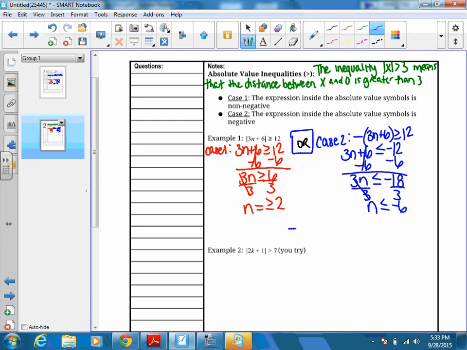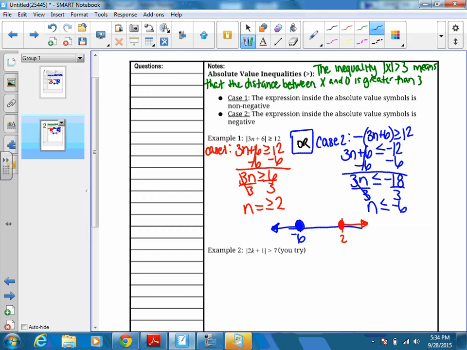So this time, let's graph that. I have n is greater than or equal to 2, so over here is 2, closed circle, pointing to the right. And then on the left, I have -6, still closed circle, but this time it's pointing to the left.